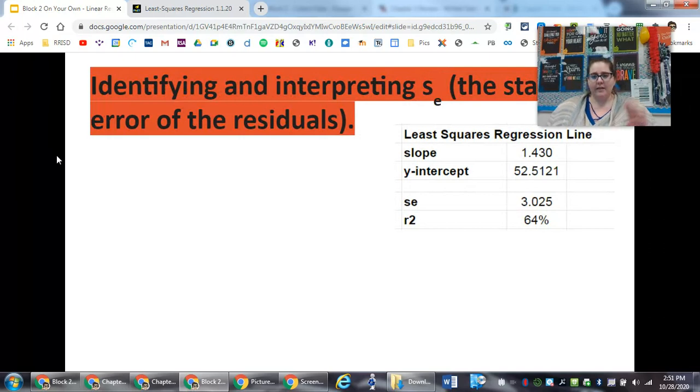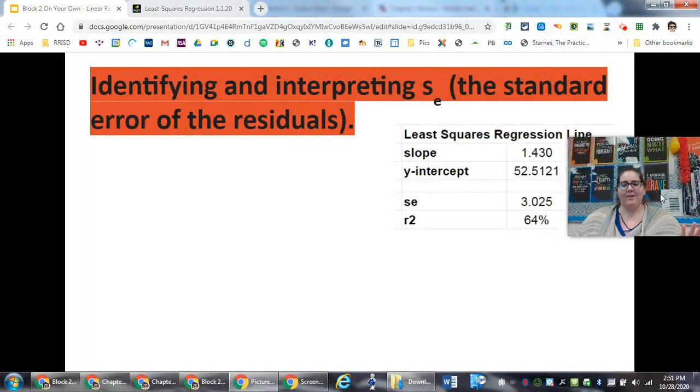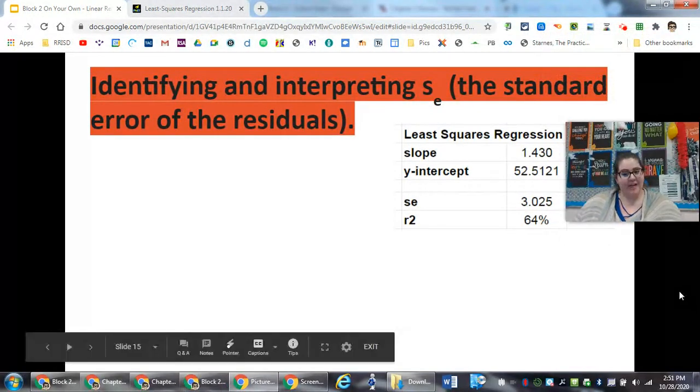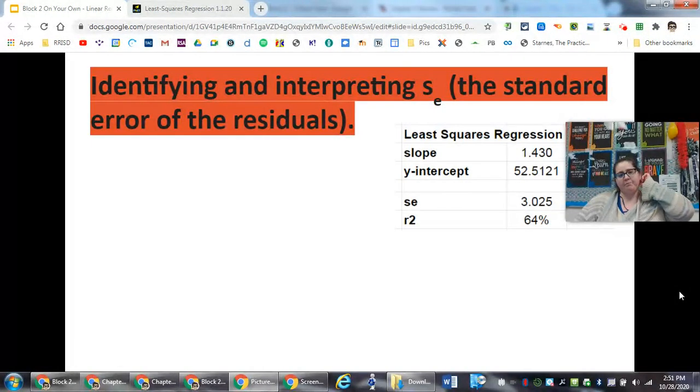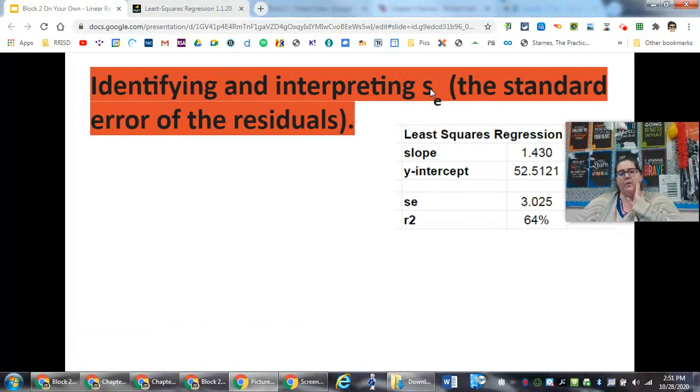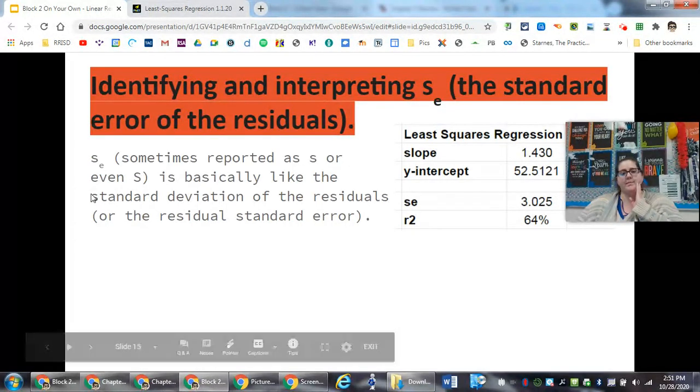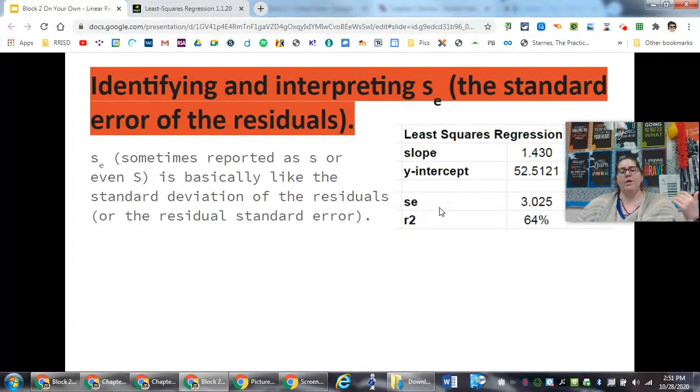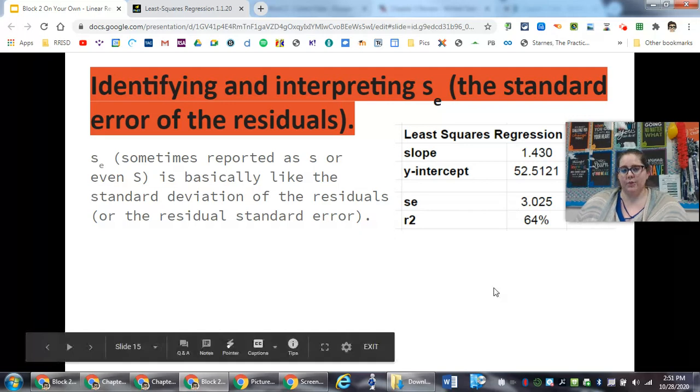All right, last thing, and then we're done with all of our interpreting. There's a lot of interpreting in this particular unit. The last thing we have to interpret is usually labeled as SE, the standard error of the residuals. Sometimes it's reported as S or even just capital S. This number is basically like the standard deviation of the residuals.